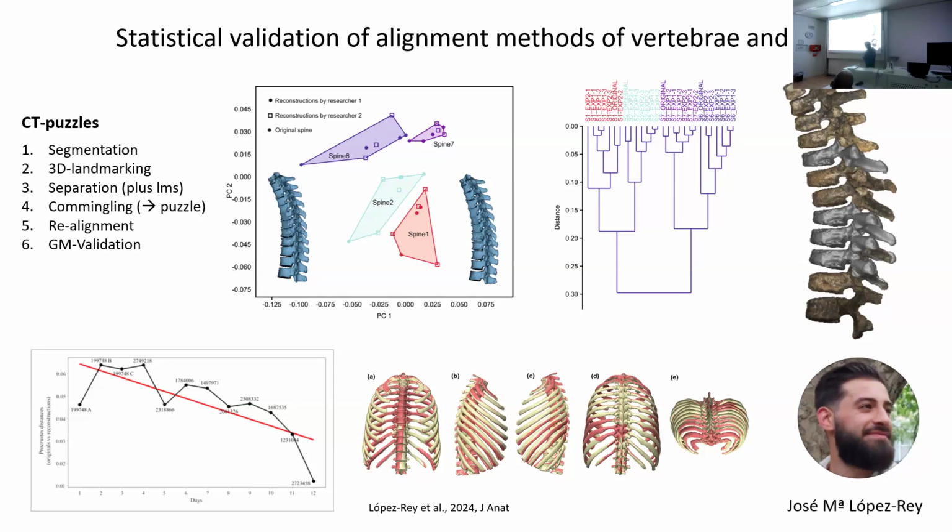And we did something similar to show how the ribs can be fit to the spine. And this is just recently published. That method shows that if we do this along several days, then there is a learning curve, and there's actually very little difference from the original and the reconstructed one.